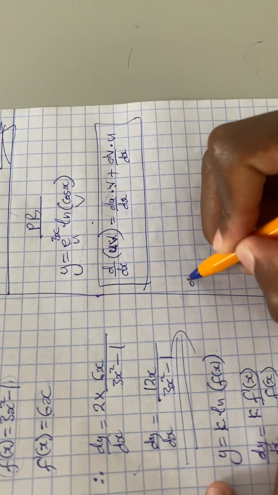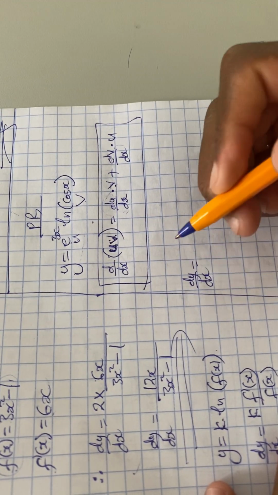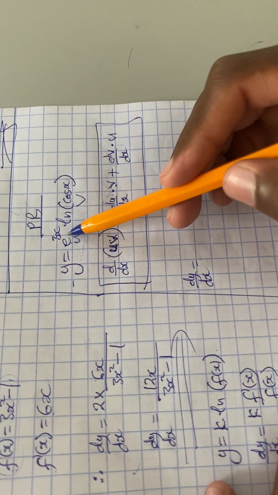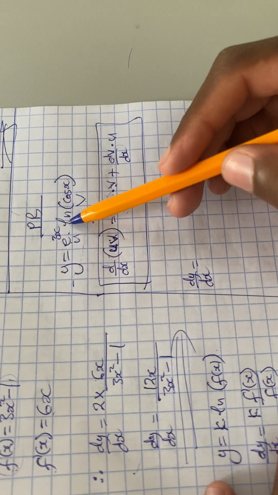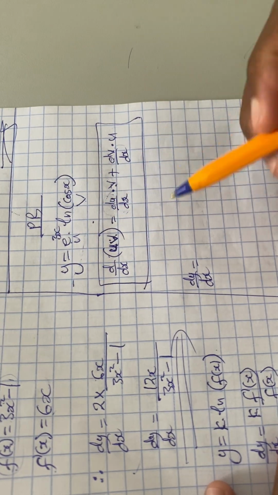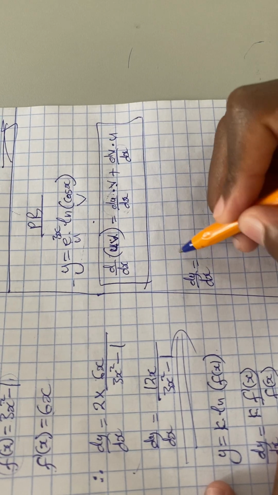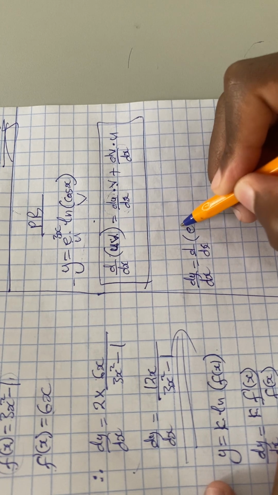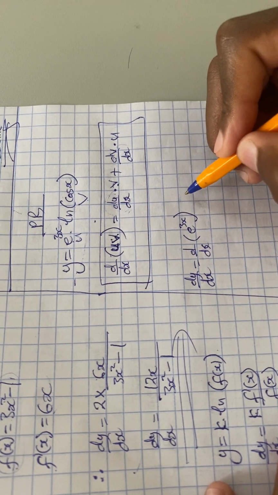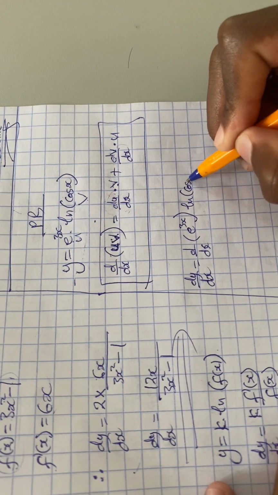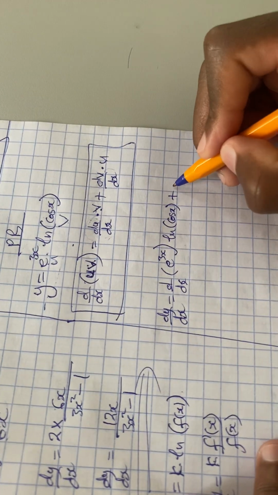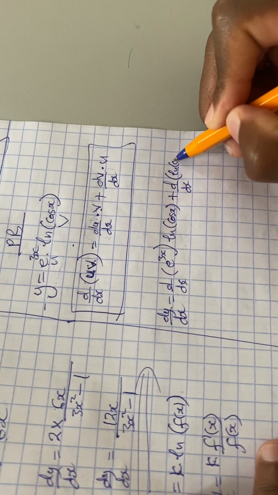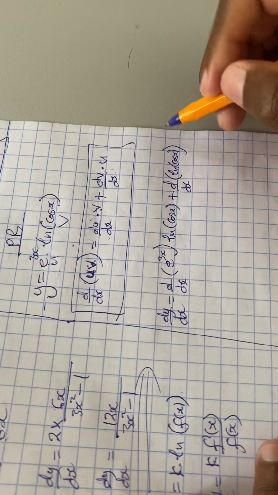So how do we do it? dy dx of this function, we're going to find the first derivative of our exponential function, which is e to the power 3x, and then we're going to leave the logarithmic function as it is, plus here we're going to find the first derivative of our logarithmic function, which is cos x, and then we're going to leave what?